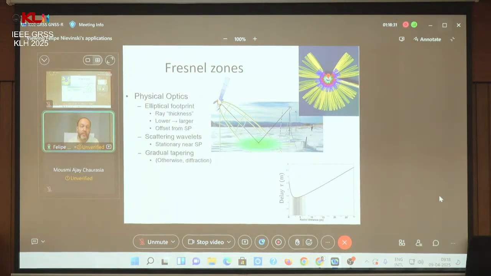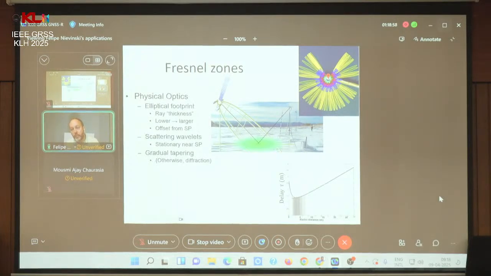And secondly, it will be stationary. That means the points in the vicinity of the specular point have a similar bistatic delay. So the bistatic delay changes slowly around the specular point.